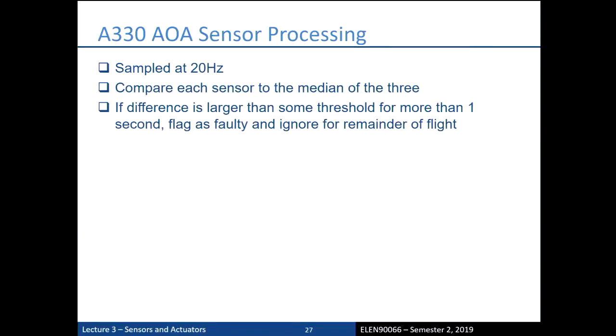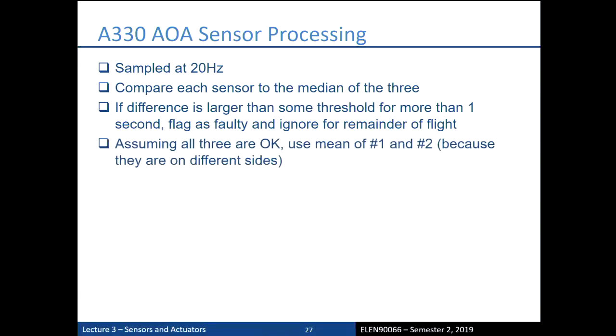This sort of reasoning assumes that it's unlikely to get multiple failures all in one go. If something does die, it's probably only going to be 1. Then, if you assume that all 3 sensors are functioning okay, you just take the mean of numbers 1 and 2 because they're on different sides of the aircraft, to get a nice balance of both sides.